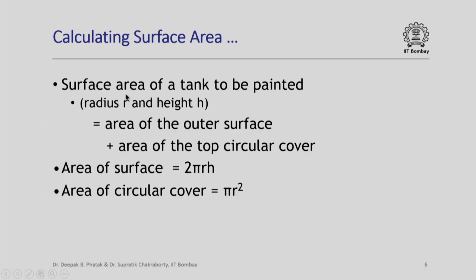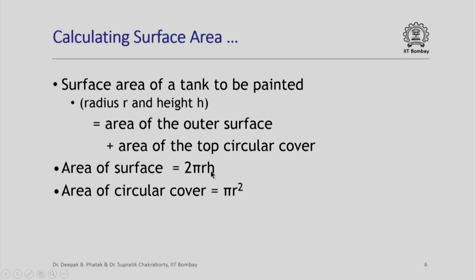Let us look at the calculations. First, the surface area of a tank to be painted, which has a radius r and height h, is equal to the area of the outer surface plus the area of top circular cover. Our geometry knowledge tells us that area of the outer surface is 2 pi r h, where r is the radius and h is the height.